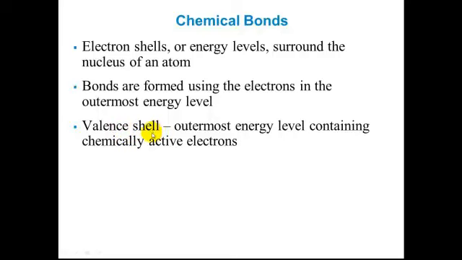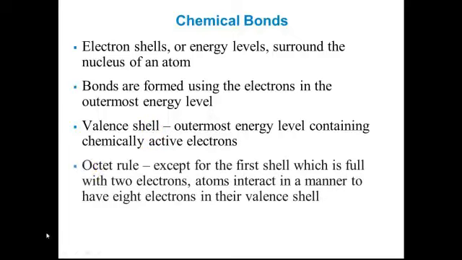These electrons will behave in a manner so as to achieve a type of stability dictated by what's called the octet rule. Oct meaning 8. What this rule states is that with the exception of the very first shell, which fills with only 2 electrons, the valence shells of electrons will strive to achieve 8 electrons to have stability.